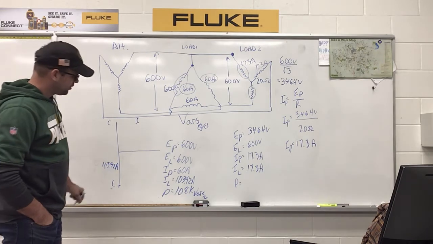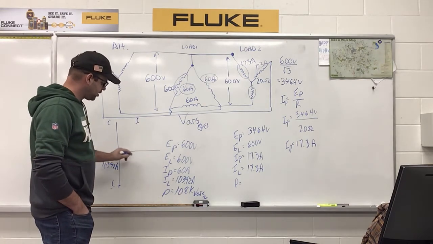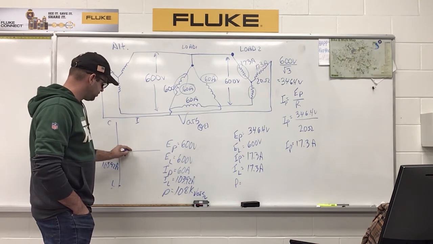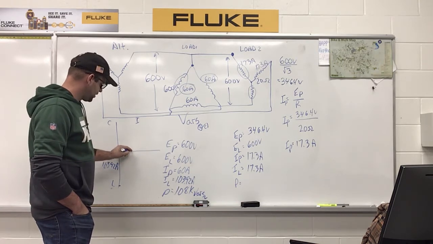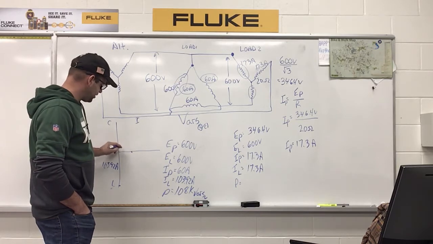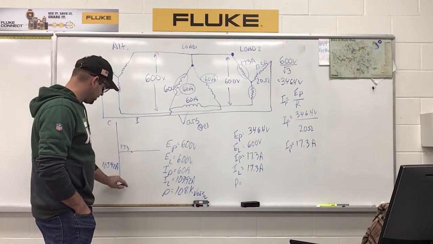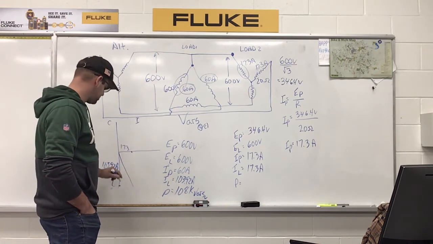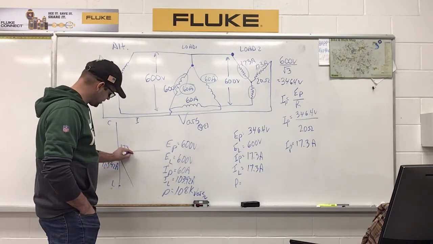And the resistive is along the x-axis, and if we plot that out, we've got a value of 17.3. So I end up having a triangle that sort of looks like that.